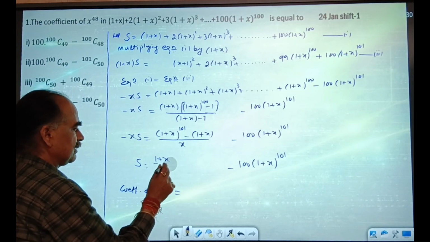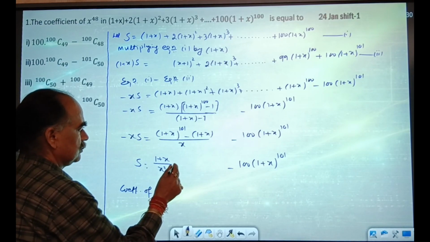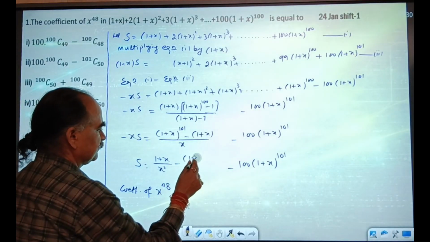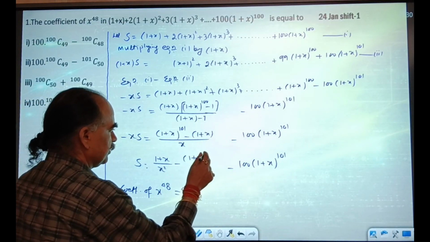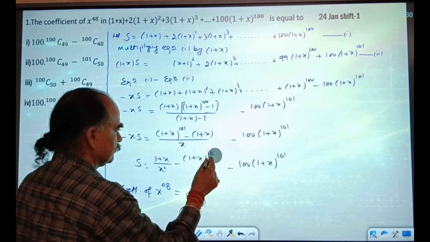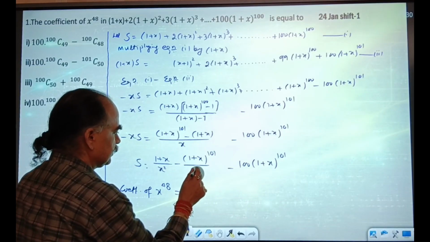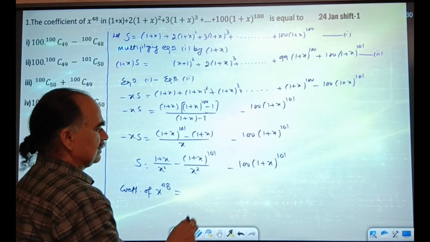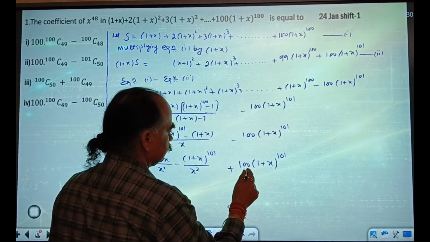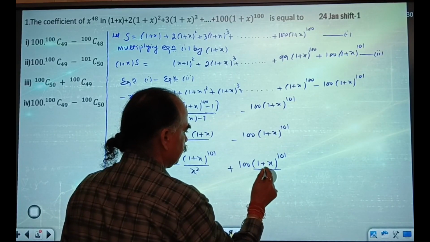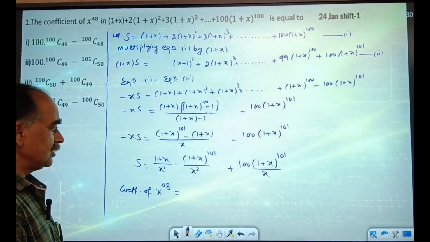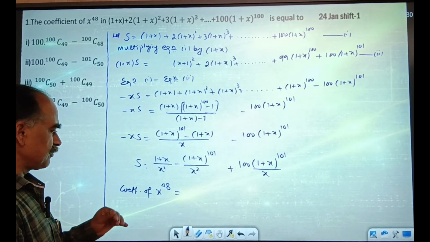This will become plus, upon x square, minus 1 plus x raised to 101 upon x square, and this will become plus upon x.